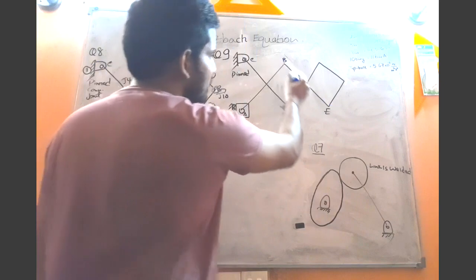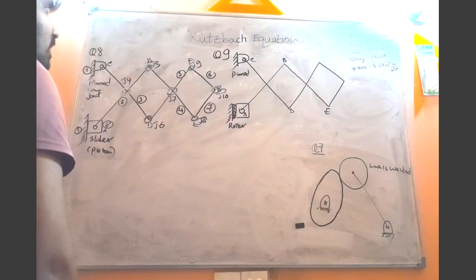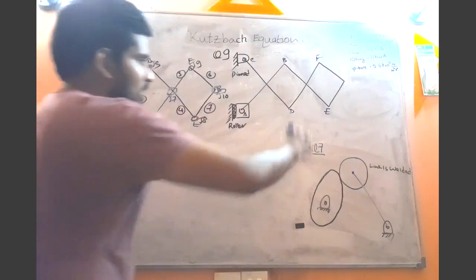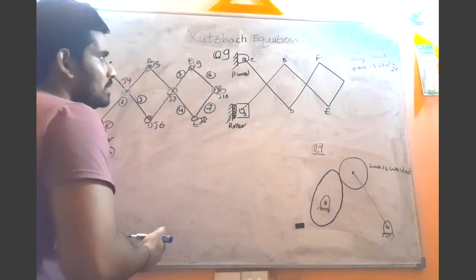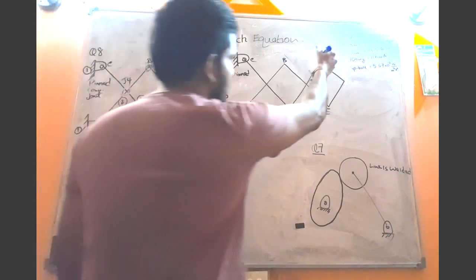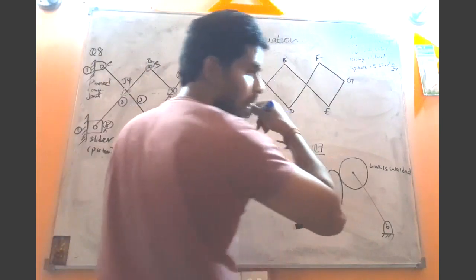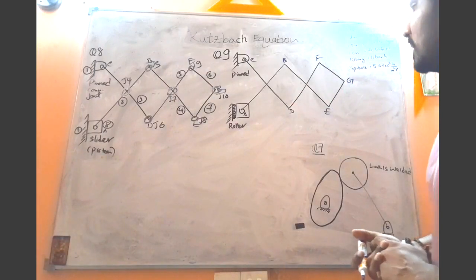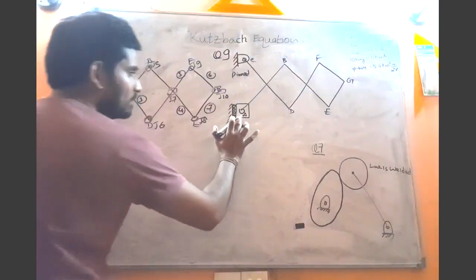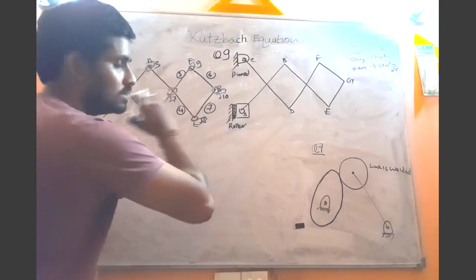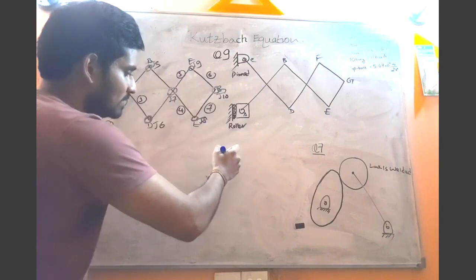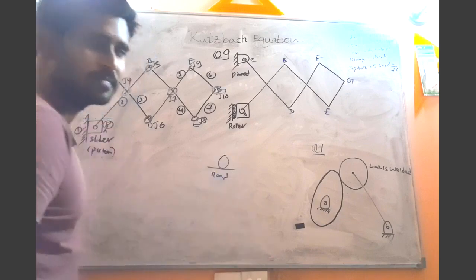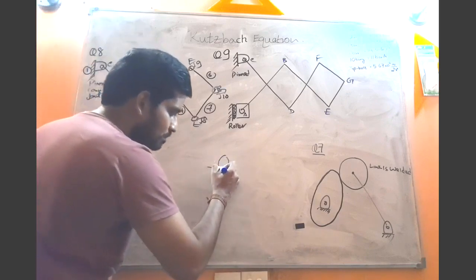Then the link DF. And this is the link FG, and this is the link EG. So now the links are clear. But here we have a roller support. Be very careful, here we have a roller support. You know, something similar to a tire and road connection, because there we have a point of contact.